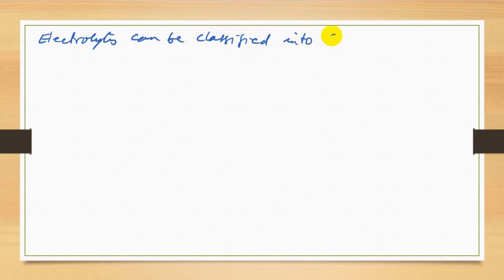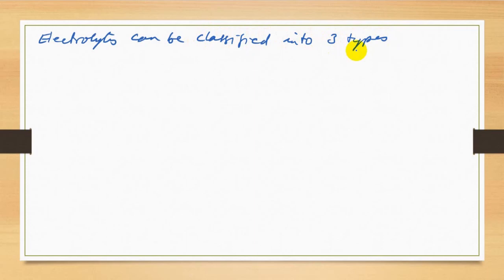Then, since we are talking about electrolytes, we will classify them. Electrolytes can be classified into three types.